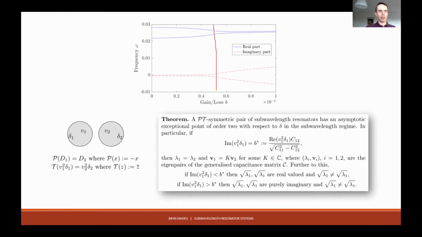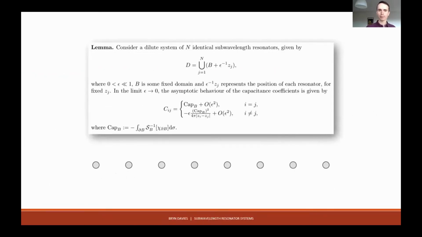So in the last few moments, we'd like to go a step further and look for higher order exceptional points, for which we need to study larger systems. So that the capacitance matrix is easier to work with in this case, we're going to make an additional assumption, which is that the resonators are relatively far apart, in which case we have the following result to describe the behavior of the capacitance coefficients.